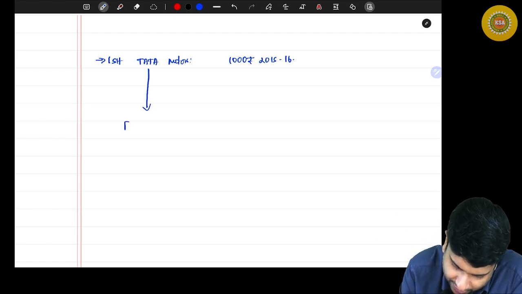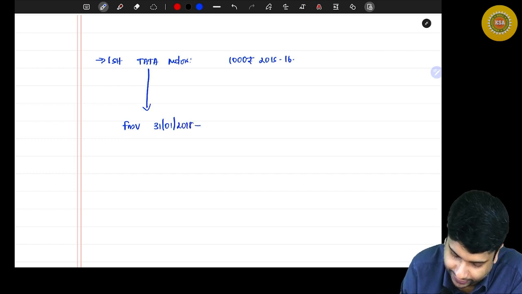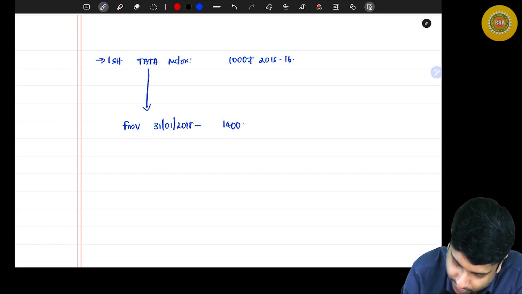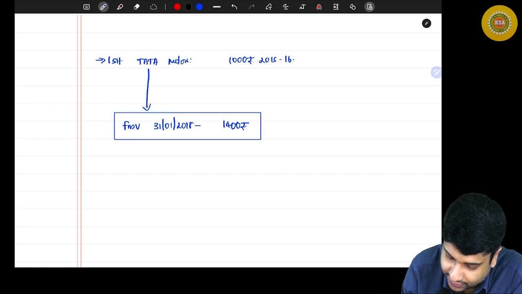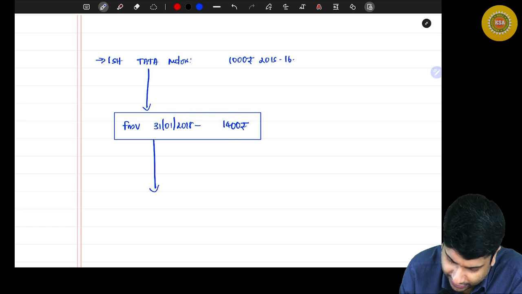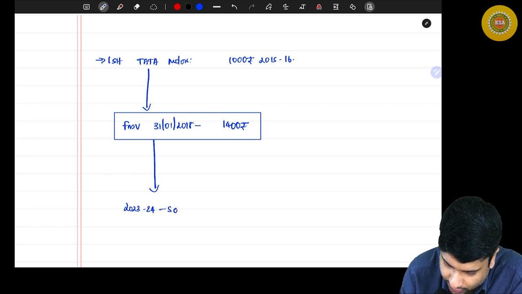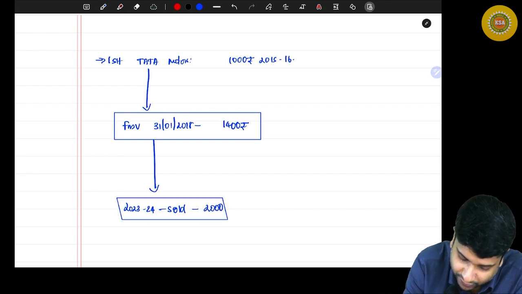The fair market value of Tata Motors share as on 31st January 2018 was, say, 1,400 rupees. Later on in 2023-24, I sold this share for 2,000 rupees. I've sold this share for what value? 2,000 rupees. Are you all with me?